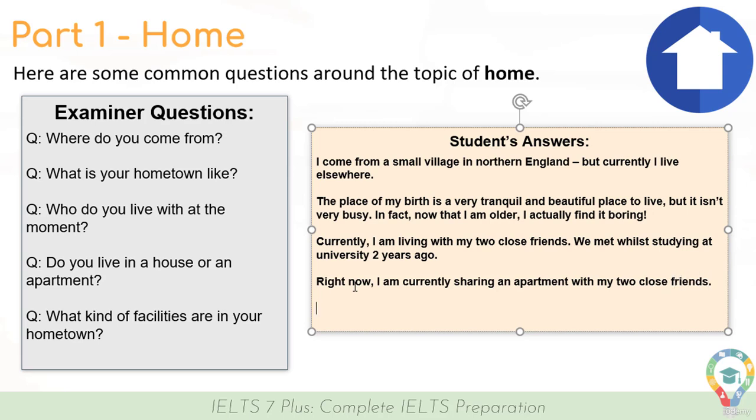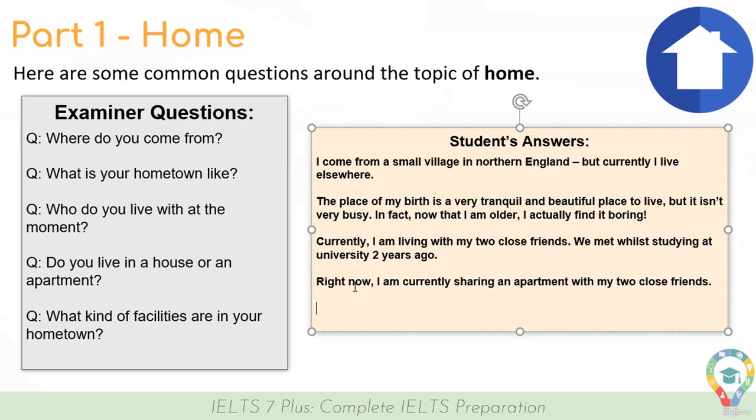Okay, and the final question for home. What kind of facilities are in your hometown? Facilities are places of interest or places of use that are available to you. For example, shops, gyms, swimming pools, restaurants, bars, these are all facilities.